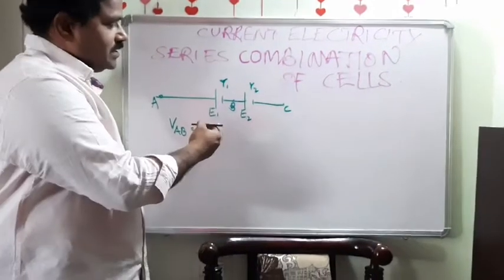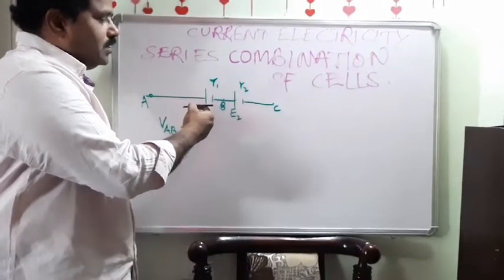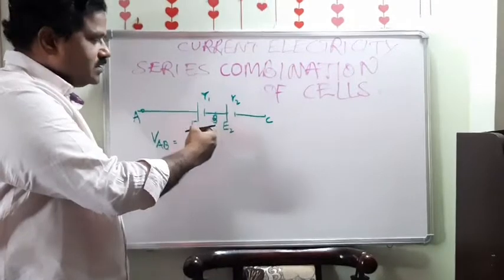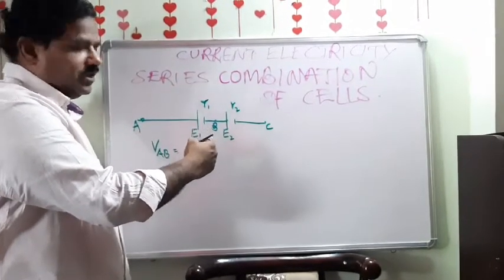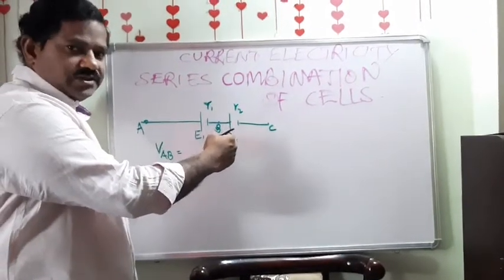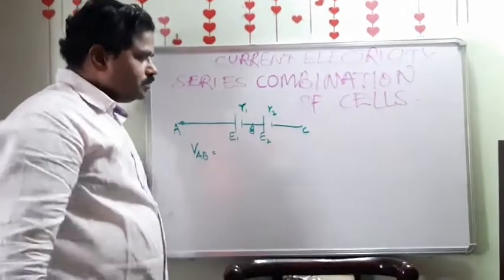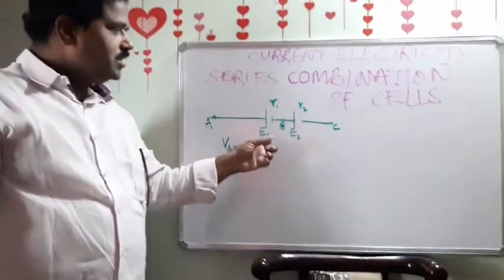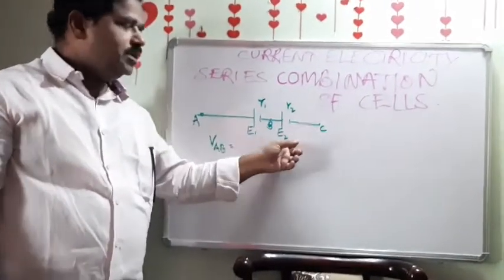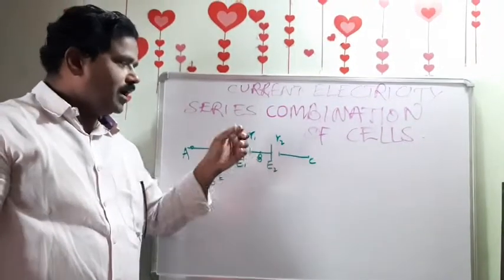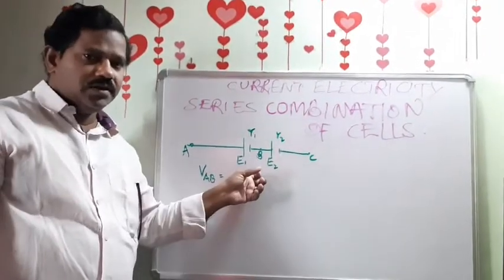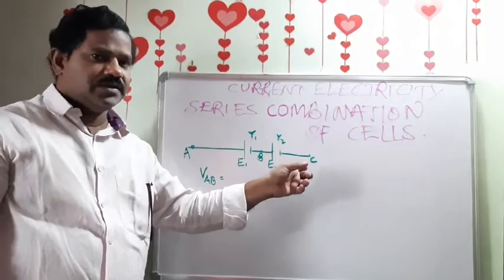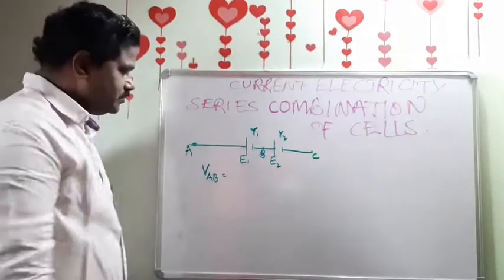So here two cells are connected in series, that is, the negative of the first cell is connected to the positive of the next. So now we know that the EMF of the first one is E1, the EMF of the next cell is E2, and R1, R2 are the internal resistances of the cells respectively.